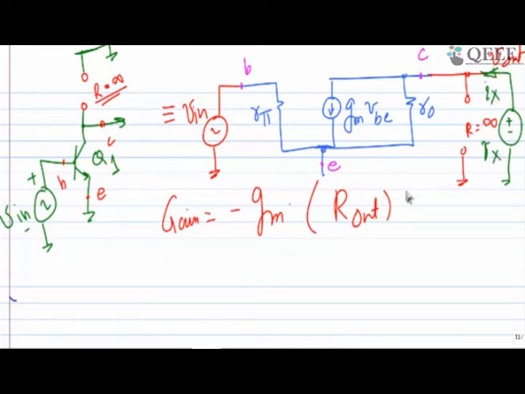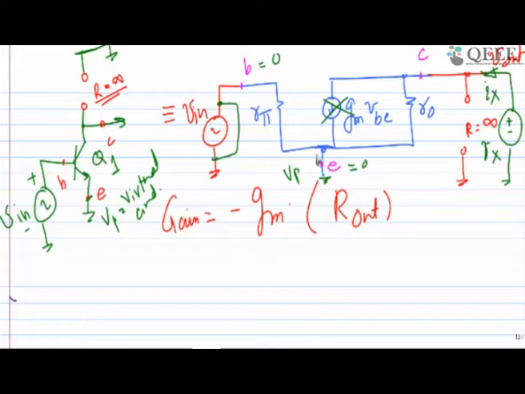Vx by Ix will give me the output resistance, and at that time all the independent sources go to short, or 0.